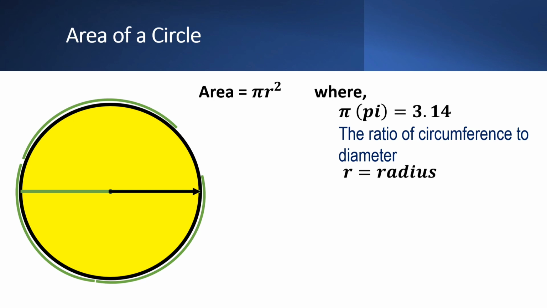So, dahil pi r squared, ibig sabihin yan, i-multiply ang pi sa radius times radius dahil r squared. So, multiply lang lahat. Pi times radius times radius.